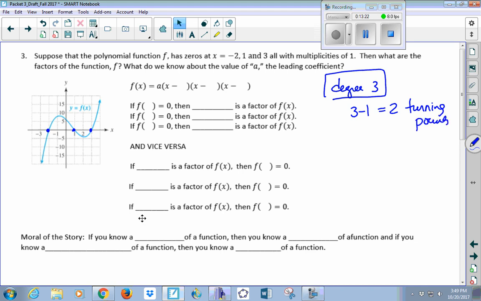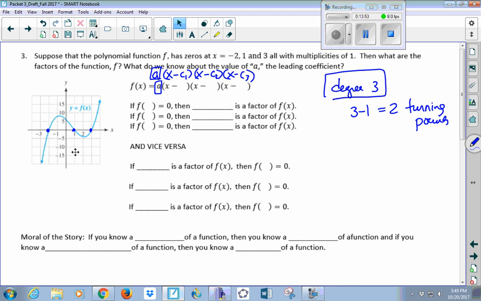So when we set out to find the polynomial function for this, we know we set up 3 factors, where each term that we're subtracting from x represents a 0. And we remember that our leading coefficient goes out front of the whole expression as a factor.